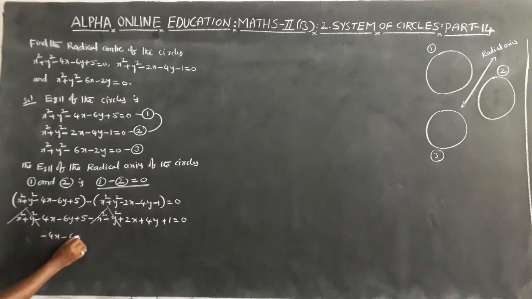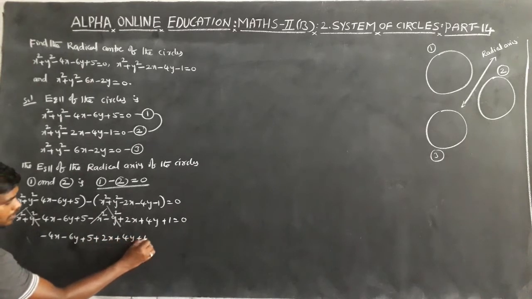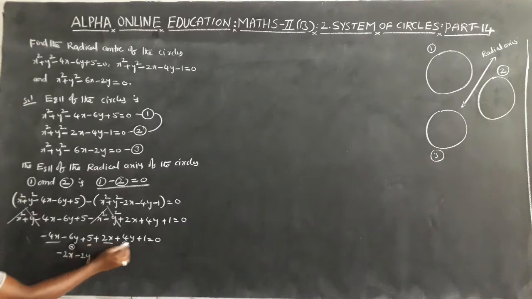Minus 4x minus 6y plus 5 plus 2x plus 4y plus 1 is equal to 0, so minus 2x minus 2y plus 6 is equal to 0.